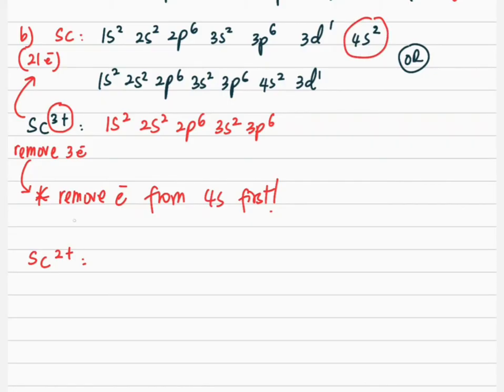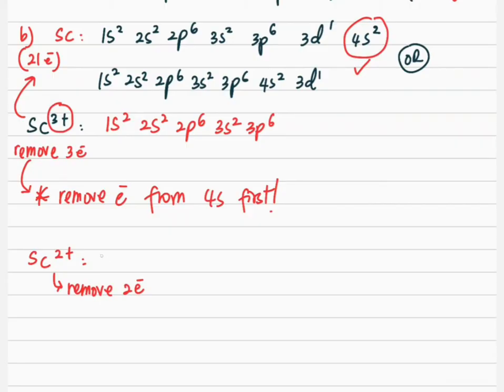Jadi kalau 2 plus means remove 2 electrons, makanya kita akan buang daripada 4s dahulu. So this 2 electrons is completely removed, makanya tak perlu dah tulis 4s.